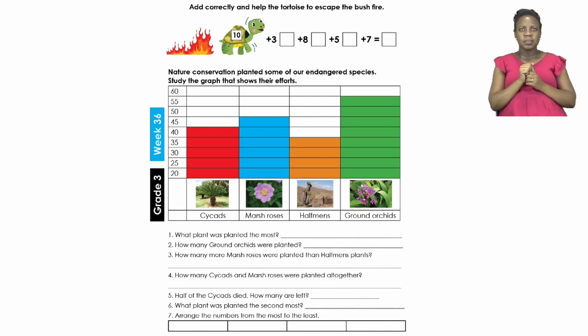Boys and girls, I want you to now go ahead and study the graph one more time, and then I want you to try and answer all these questions. Now remember, if you have a problem, you have your graph right there. You can always go back and have a look at it again. Right, everyone, I want you to go ahead and finish these activities now, so I'll see you after this break.